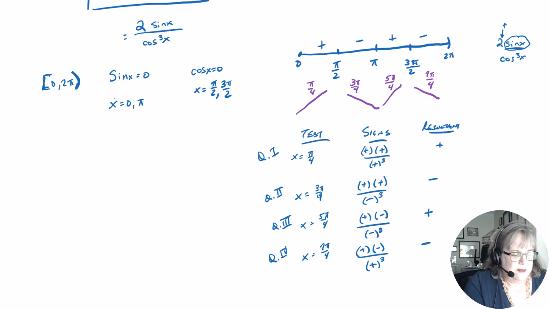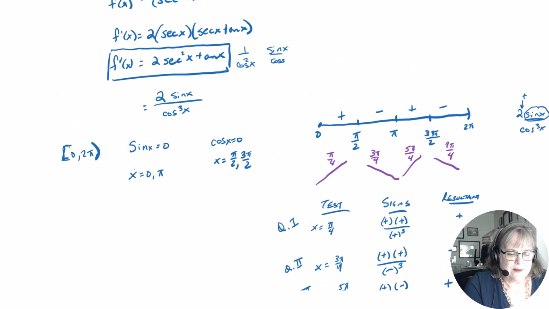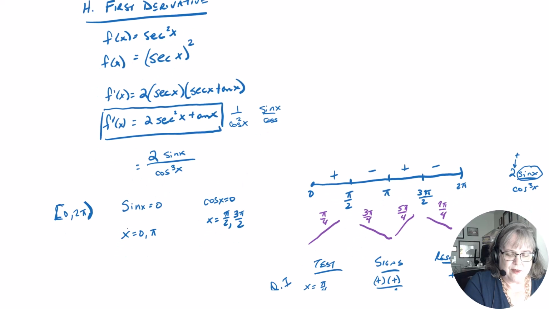All right, so this part was the first derivative. This part in here, seems like we're always leaving it out, gets buried in there, is your critical values, critical points, critical numbers, and the sign chart. I think I've told you that this list is something that my classes develop.